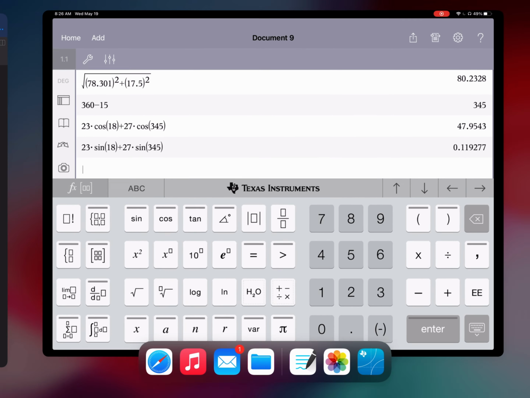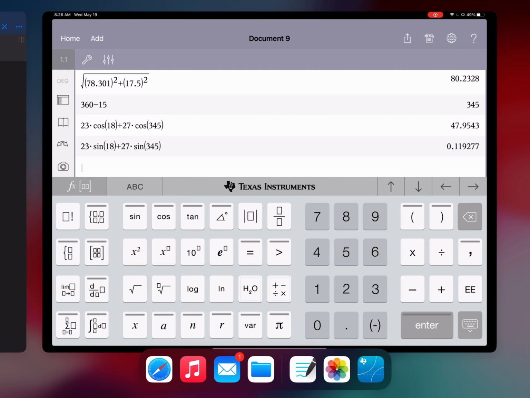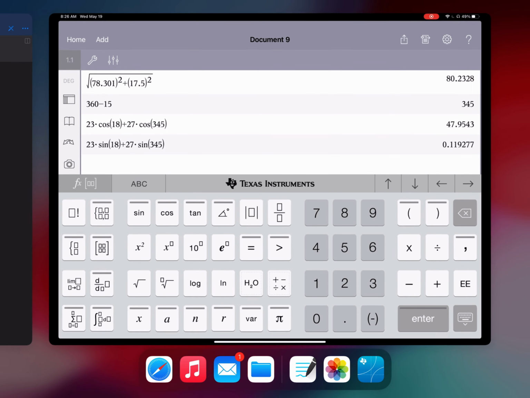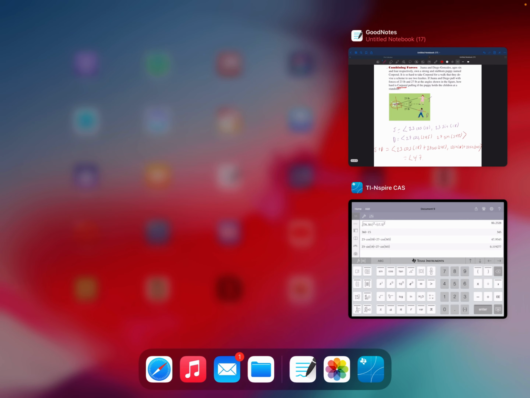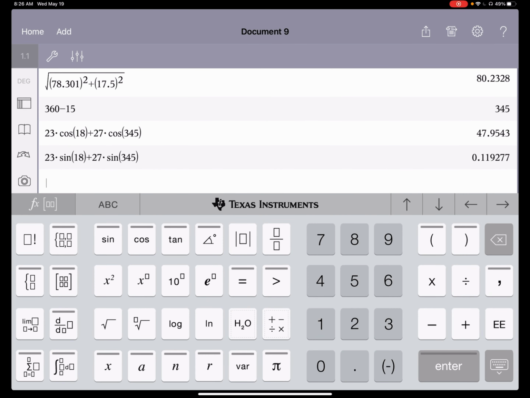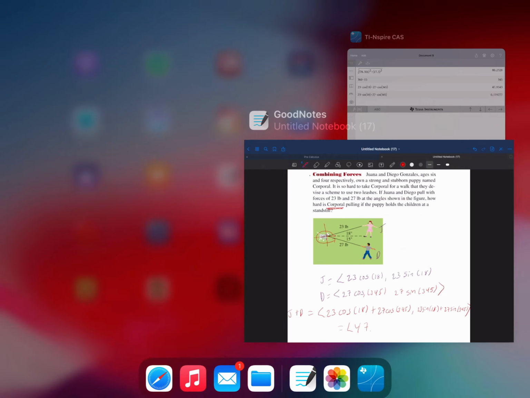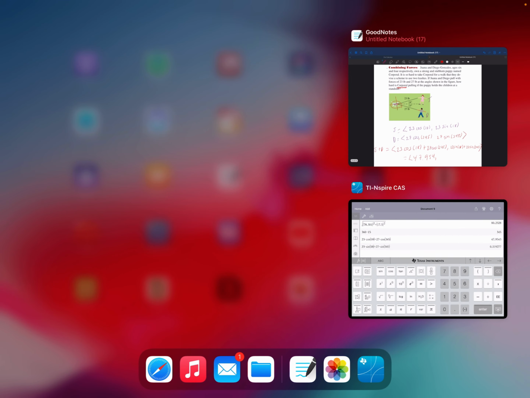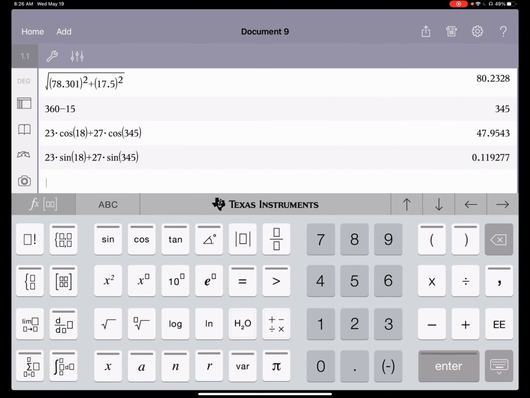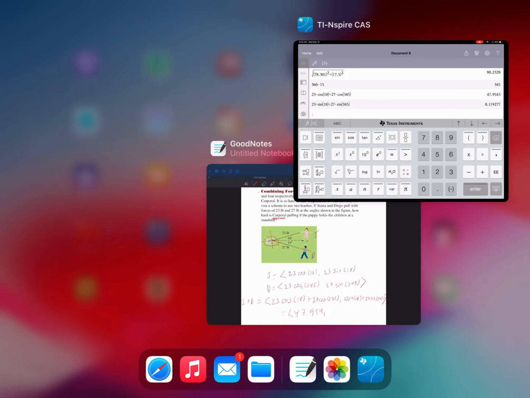So now I know that my A is 47.954, comma 0.119.